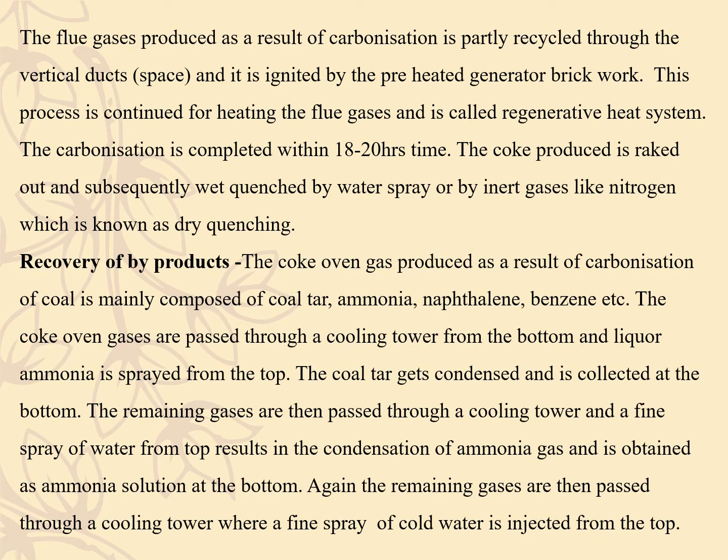The flue gases produced as a result of carbonization is partly recycled through the vertical ducts, that is the space, and it is ignited by the preheated generator brickwork. This process is continued for heating the flue gases and is called a regenerative heat system.